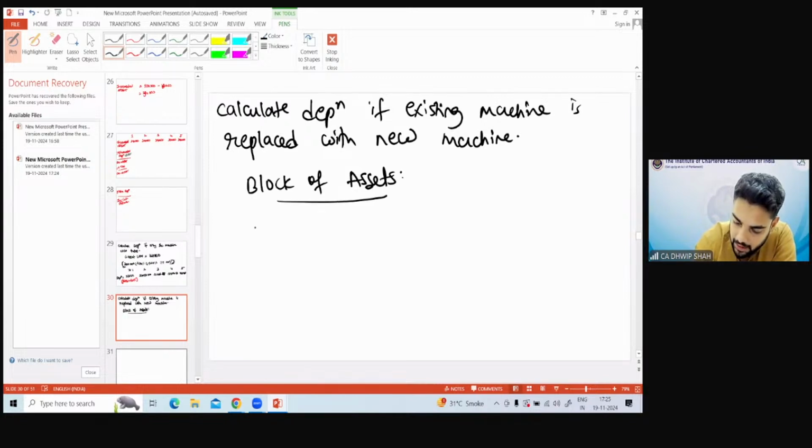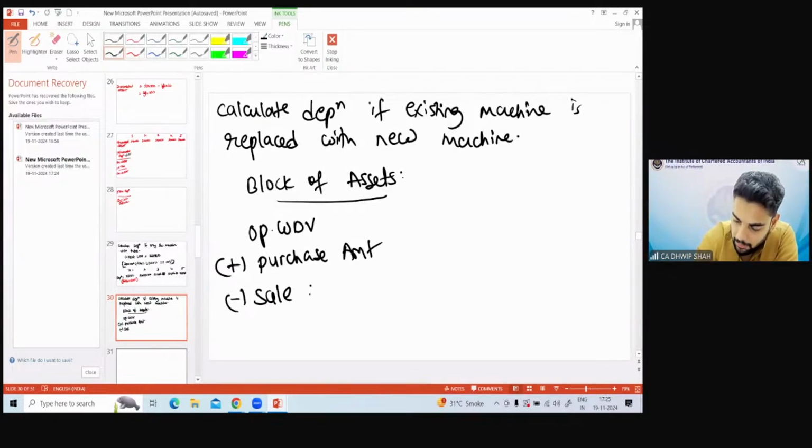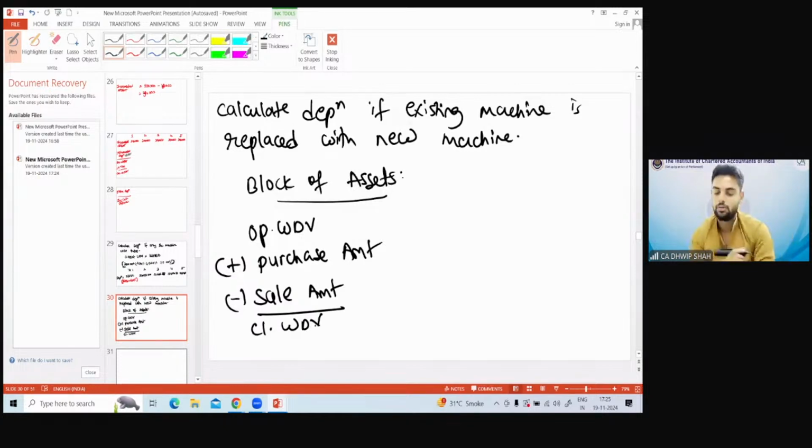Can I say my opening WDV plus purchase less sale amount gives me closing WDV on which depreciation is to be provided as per income tax rules? Yes or no?